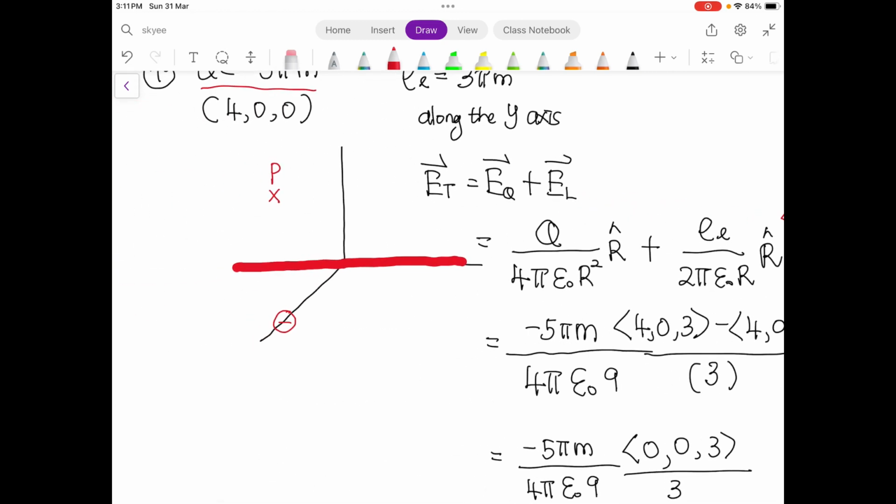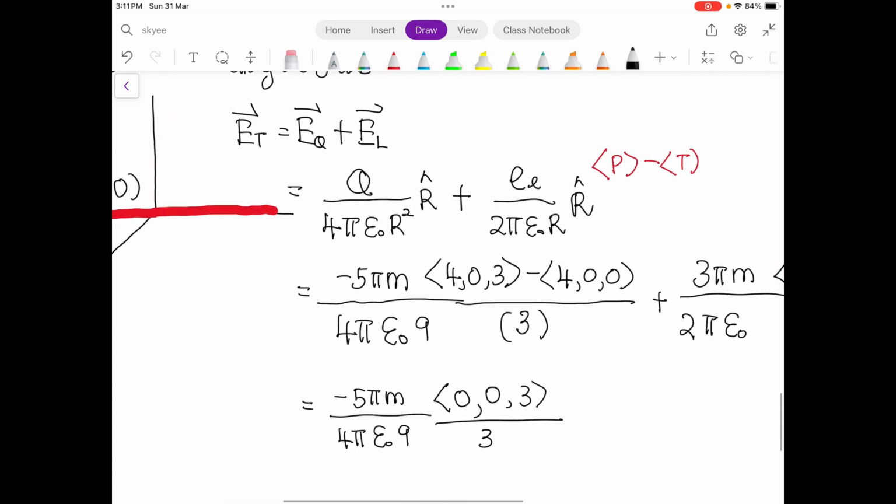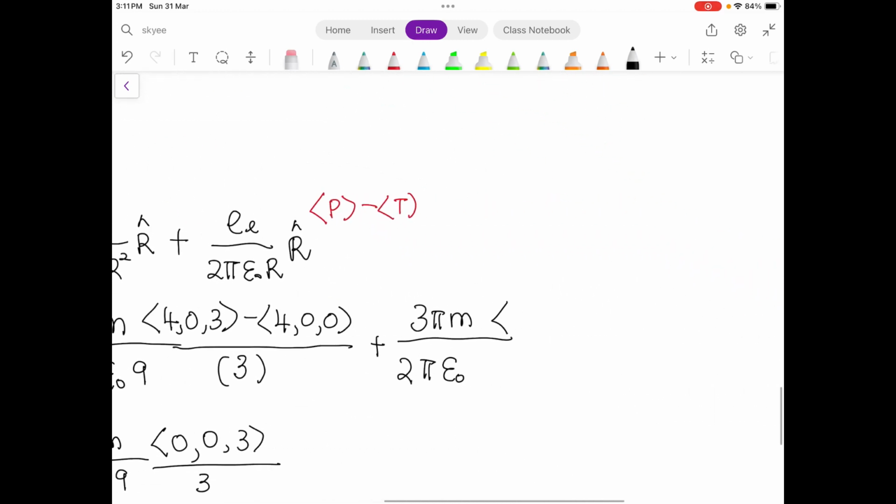Point T will have the x value equal to 0, and the z value is also equal to 0. You don't know the y value, so refer to the y of the observation point. So it would be (4,0,3) minus (0,0,0).